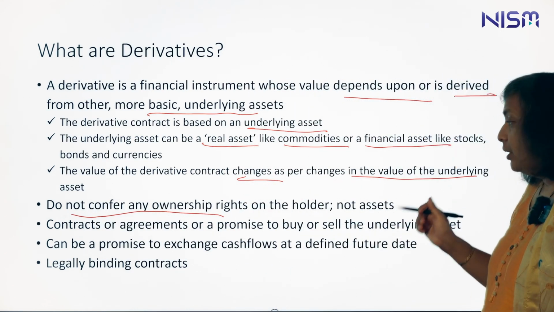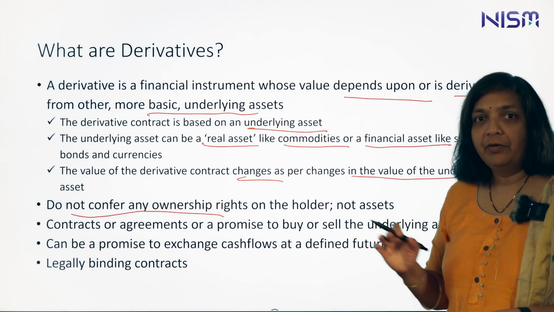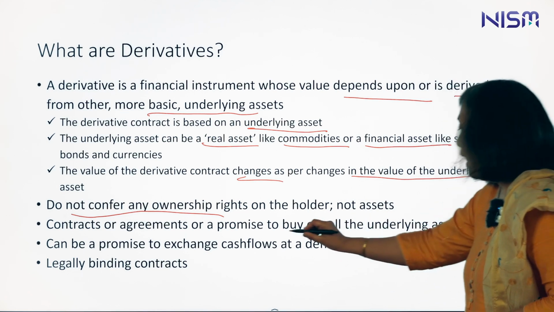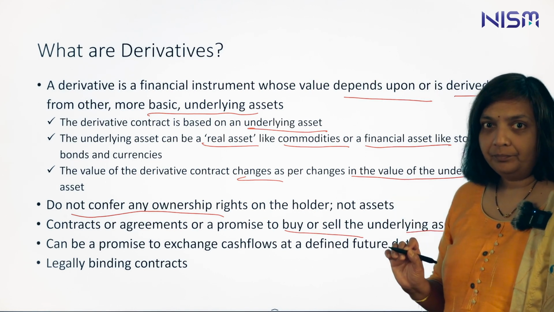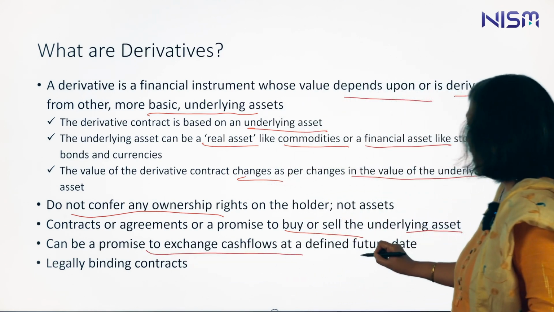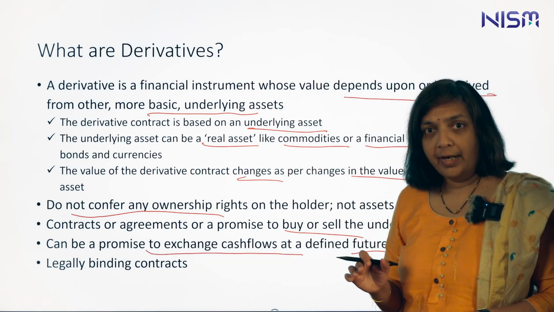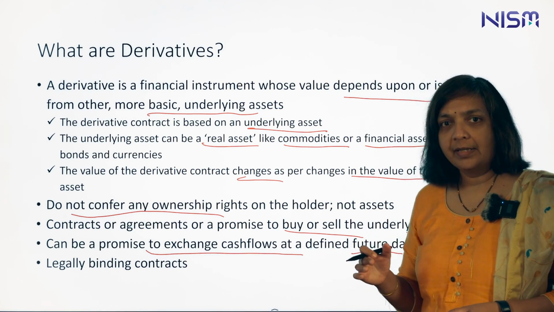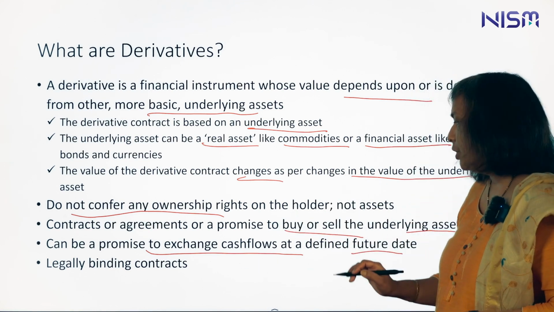So, what are these contracts for? A derivative contract is normally an agreement between two parties to buy or sell the underlying asset on some future date. It can also be a promise to exchange cash flows at a defined future date. So basically, these are contracts either to buy or sell the underlying asset on some future date or to exchange cash flows on some future date.